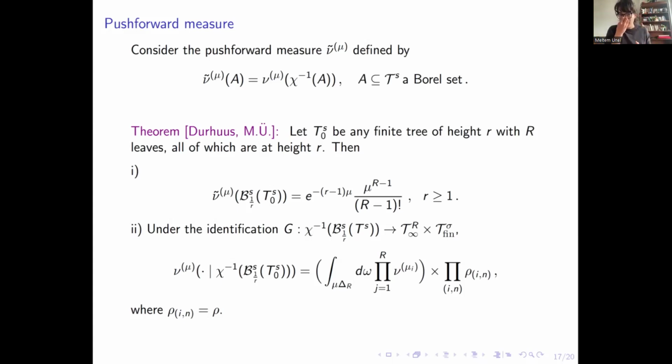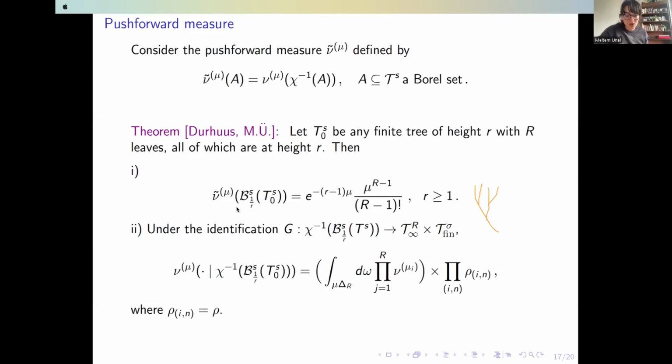And we can study it. So if I take a tree that can be part of a backbone tree, by which I mean a tree that has leaves only at maximal height and no other leaves, like this one, for example.